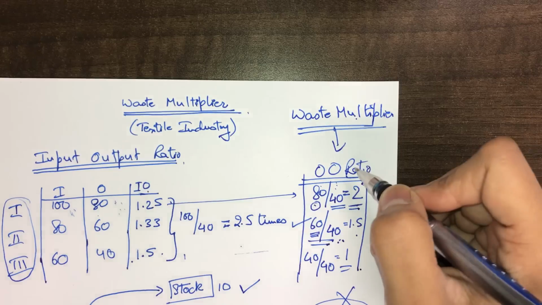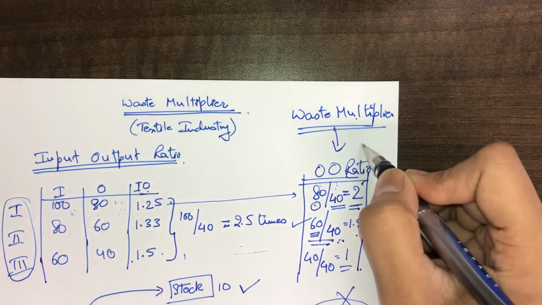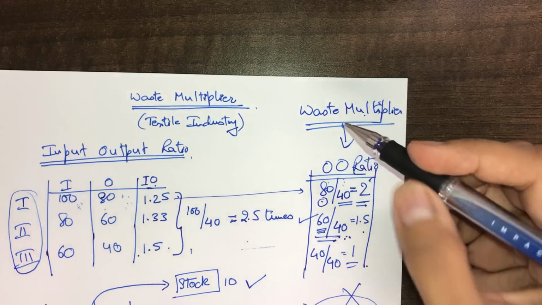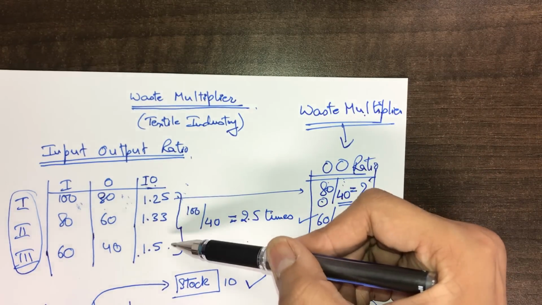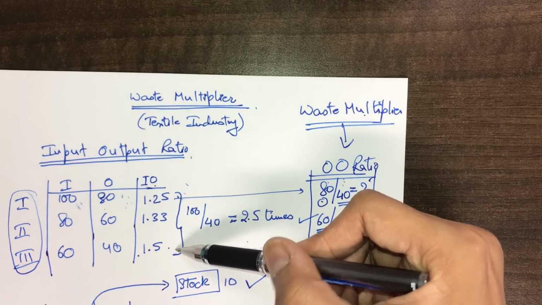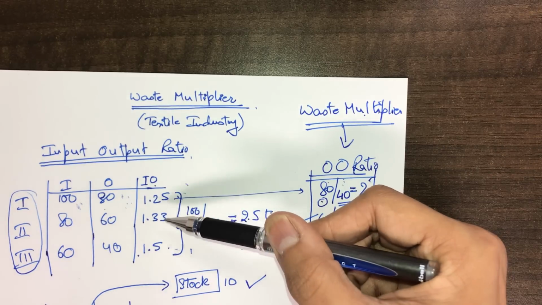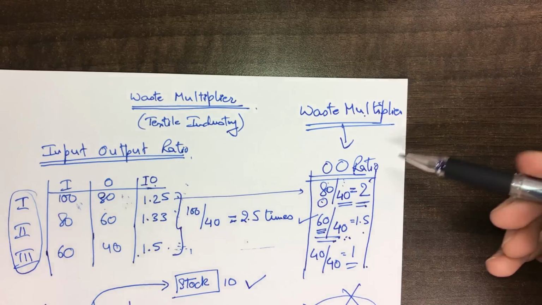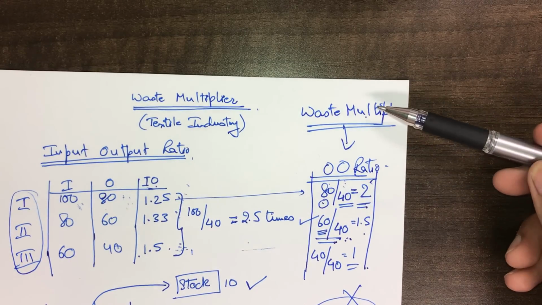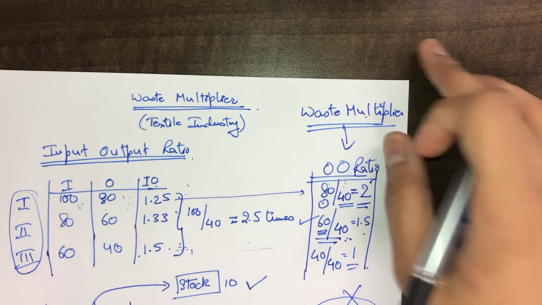Waste multiplier is nothing but the output-output ratio. How many units of output are required from process 1 to gain one output of process 3? How many outputs are required from process 2 to gain one output from process 3? This is the output-output ratio or the waste multiplier.